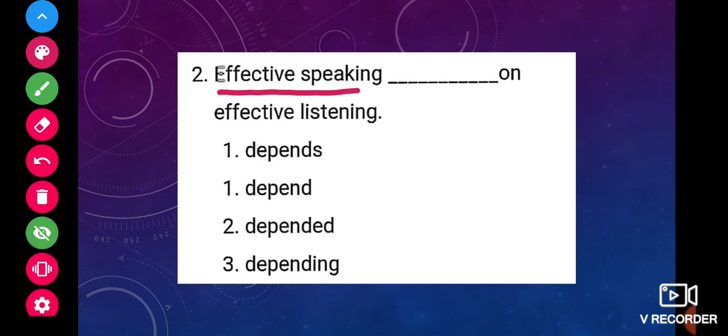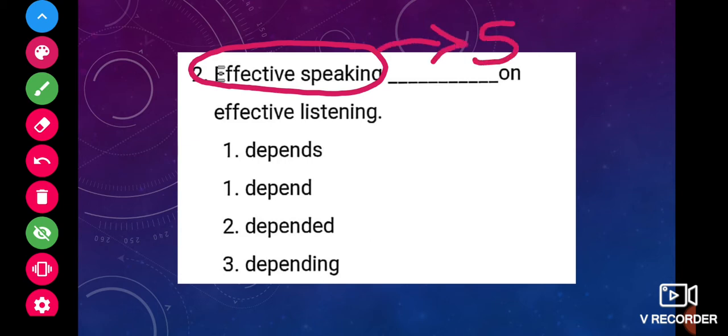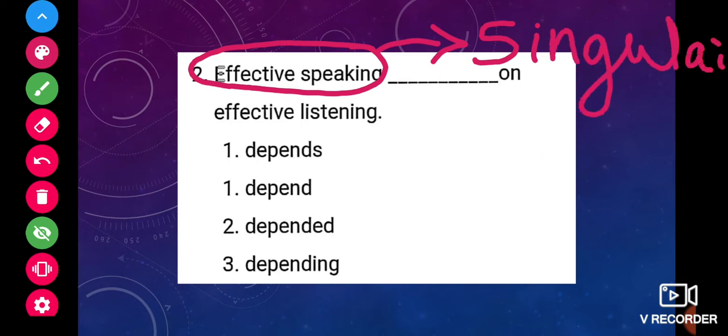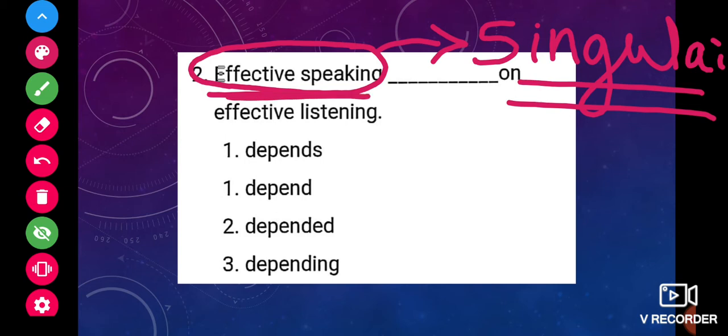Effective speaking dash on effective listening. Now effective speaking is the subject of this sentence and it is singular. It is the subject and it is the noun, and this noun is singular.